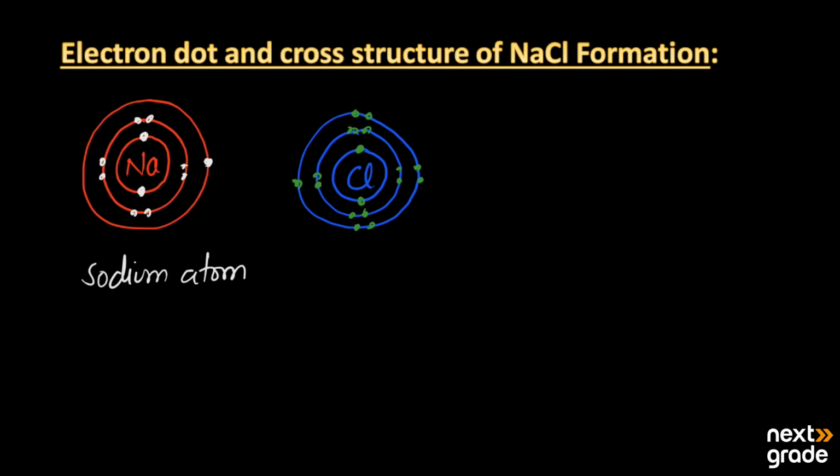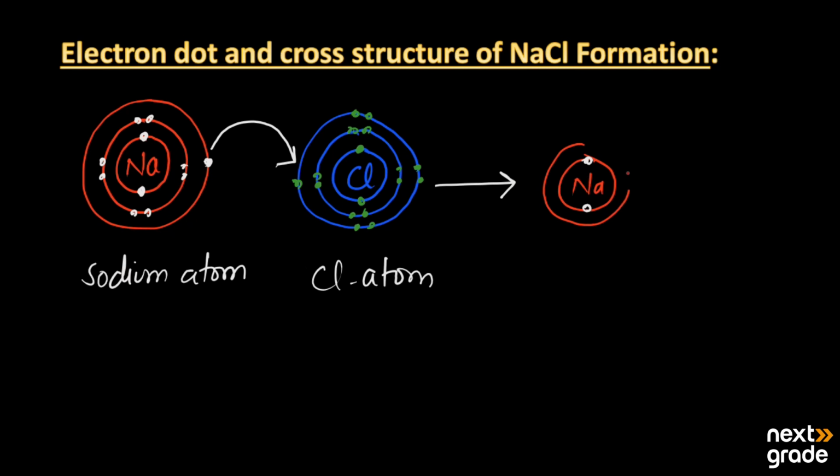Now the sodium is going to lose an electron and the chlorine will gain the electron. After the complete transfer of the electrons, these atoms will be converted into ions. In the sodium ion, the first shell has 2 electrons and the second shell now has 8 electrons. This valence shell is complete, and it acquires a charge of plus 1.